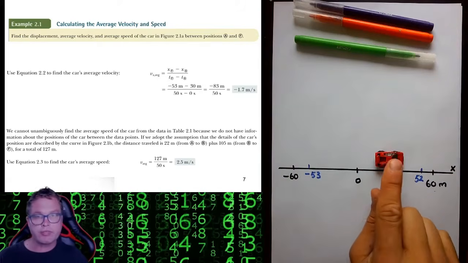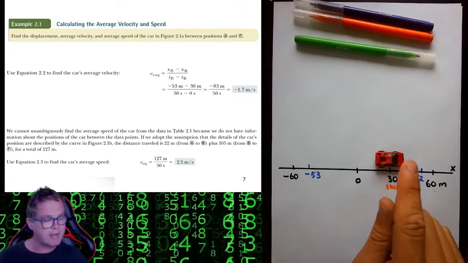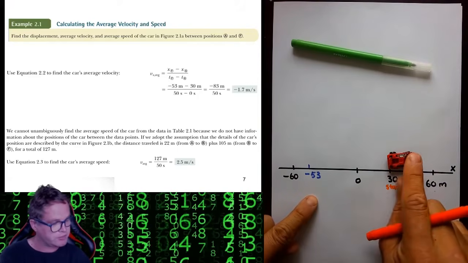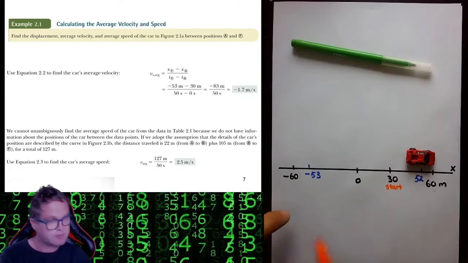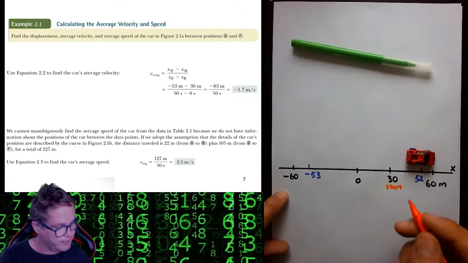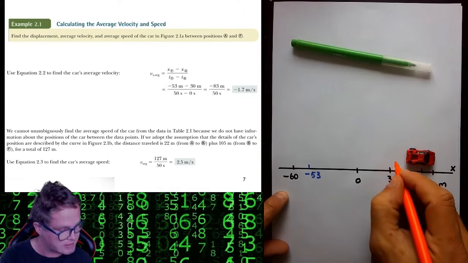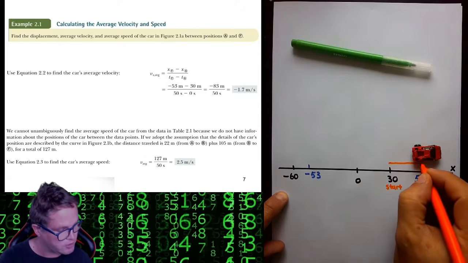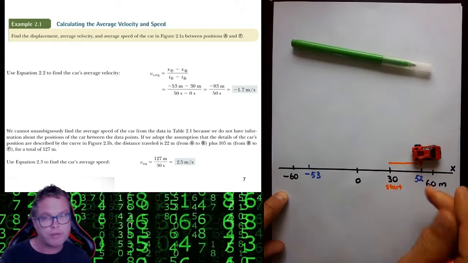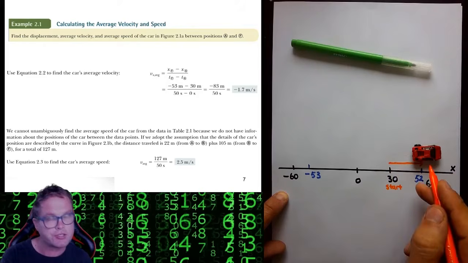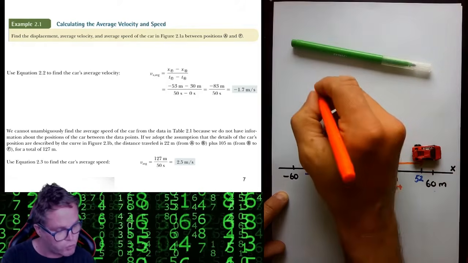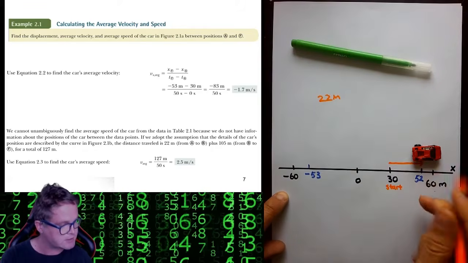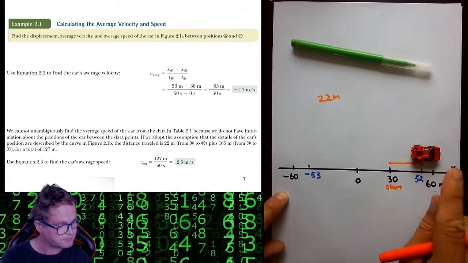So remember, the car's path was starting here, then traveling forward to position 52. Once it moved forward, I'm interested in finding the distance that it traveled. When it headed forward, it got to this point here. It would have traveled from 30 to 52, which is a distance of 22 meters. 22 meters in the first part of the journey.